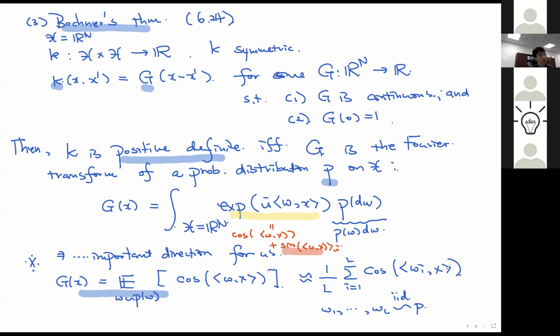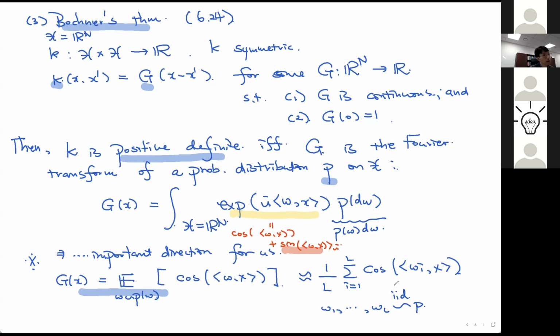This is very nice for two reasons. First, by the so-called strong law of large numbers, if n goes to infinity, the term that I just wrote converges with probability 1 to g of x. The other good thing is that it's a so-called unbiased estimator.